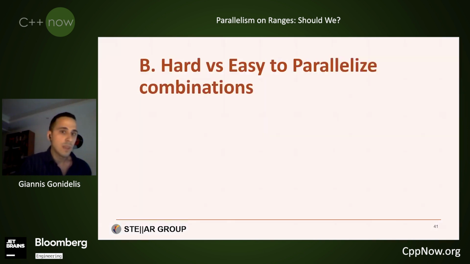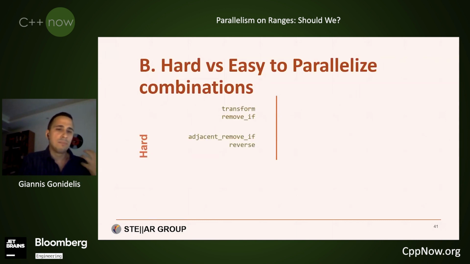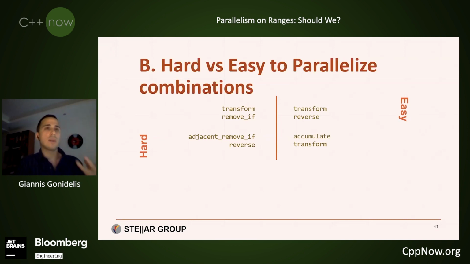Let's see. There are these hard and easy to parallelize combinations, as our experiments showed. So these bad and good cases, which I don't think is a good naming solution, make our life easier when we want to parallelize them in the easy case and harder when we want to parallelize them in the hard case.